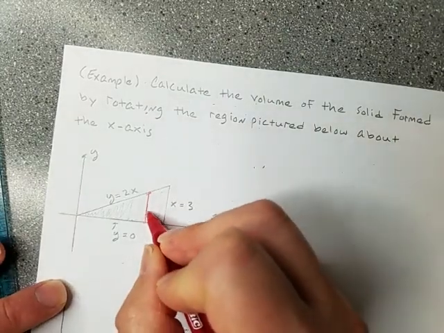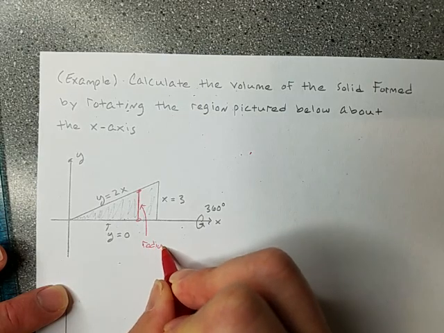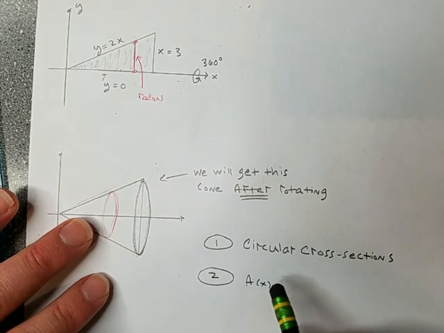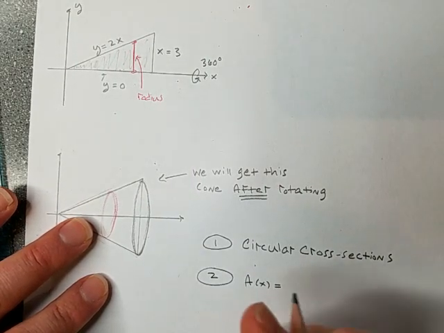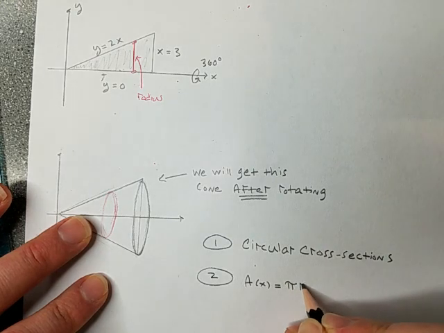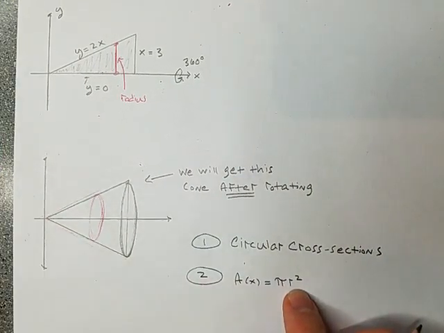So this is, in general, what gets you the radius. Okay, so just let that sit for a second. Think about that. Now, since they're all circular, the area of the cross sections would, in general, be pi r squared, because that's how you find the area of a circle, generally.